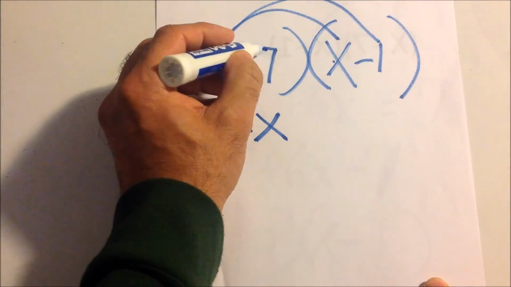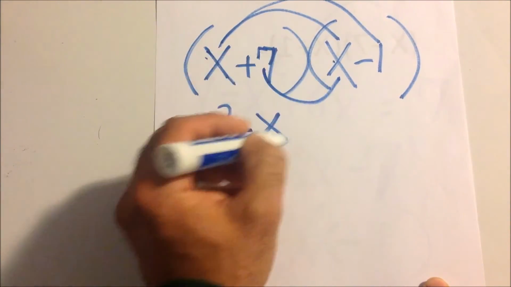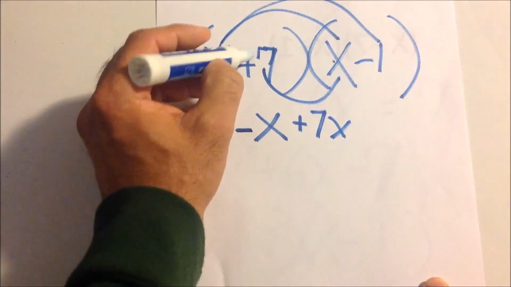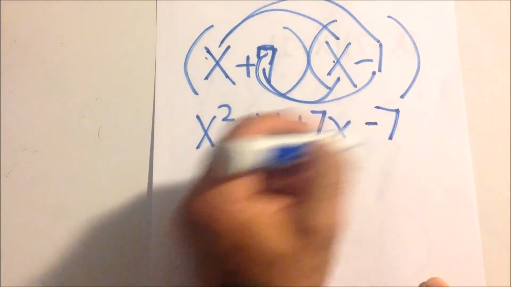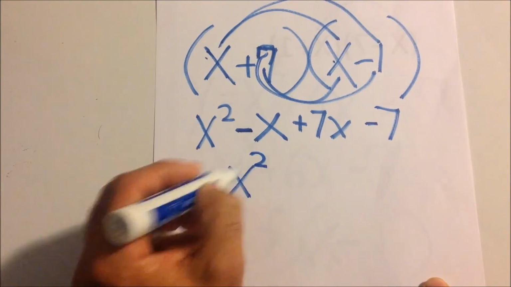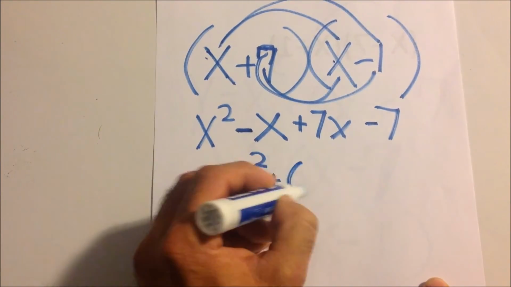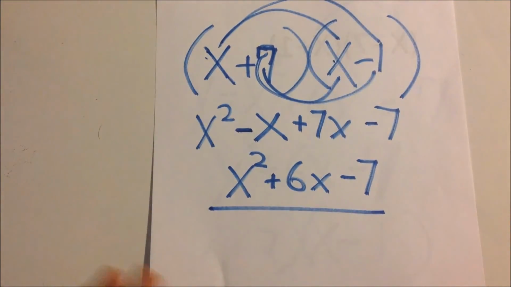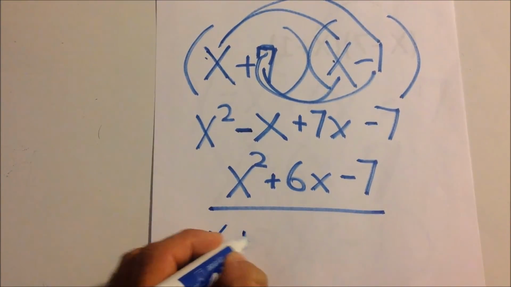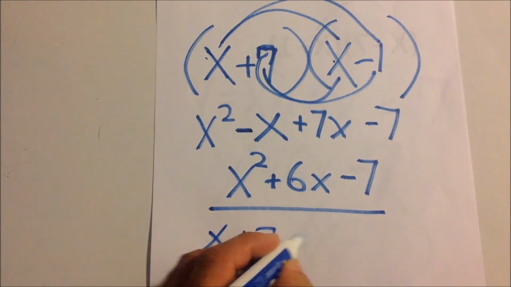Then we do the inside times the inside. I'm going to get plus 7x. And we're going to do the last times the last, and we'll get negative 7. Combine like terms here, and we're going to have our original equation. So we know that the answer, our two binomials, are x plus 7 and x minus 1.